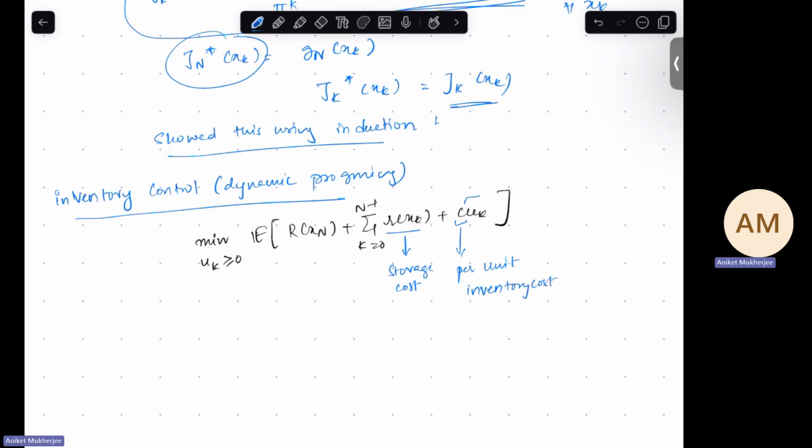If you have ordered uk amount of inventory, uk is the amount of inventory that you've ordered, then C times uk is the total cost that you pay to buy your inventory. R(xk) is the storage cost, because you have to store xk units after each decision epoch. So you are basically paying a cost of R(xk) for storing, and this is your terminal cost.